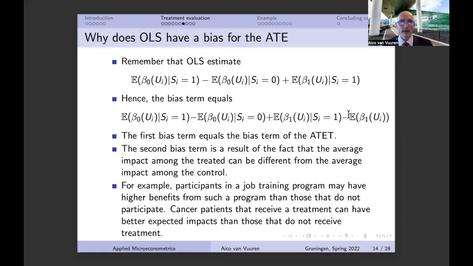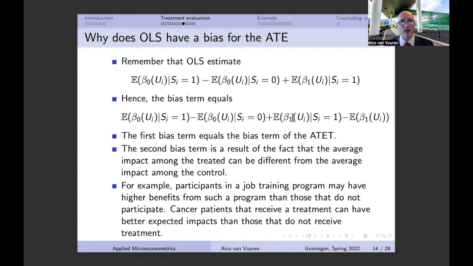The reason behind that, for example, if we look at cancer patients, is that individuals will generally only receive treatment at the moment that the medical doctor has the idea that you are going to have a very high benefit from treatment.